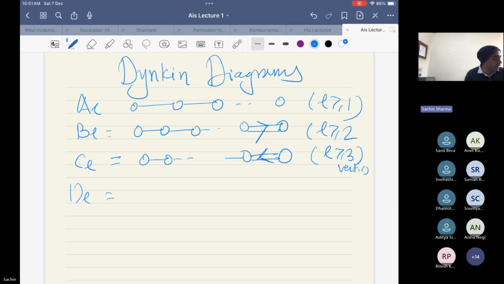D_L, they are simple. Even if you do it here, there is no change. These are all for L greater than 4. L equal to 3 is again A3. Okay.